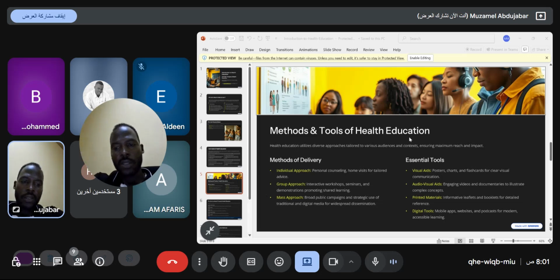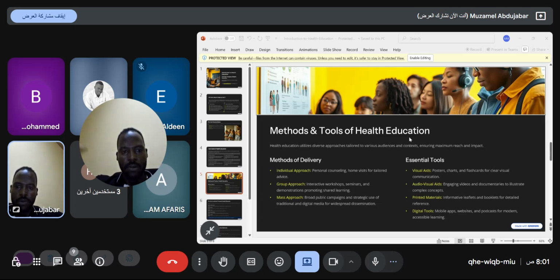This is called printed material. A booklet is small. This is also a tool of health education. The last one is digital tools like mobile apps.